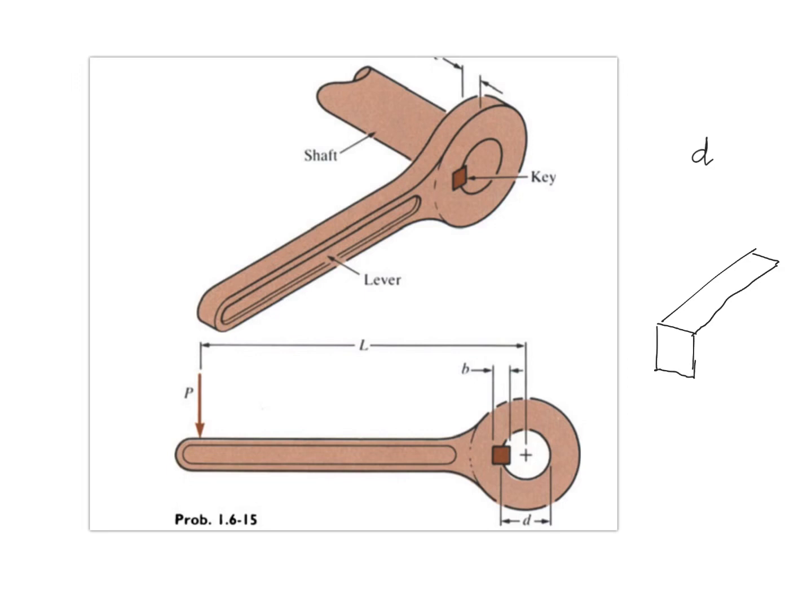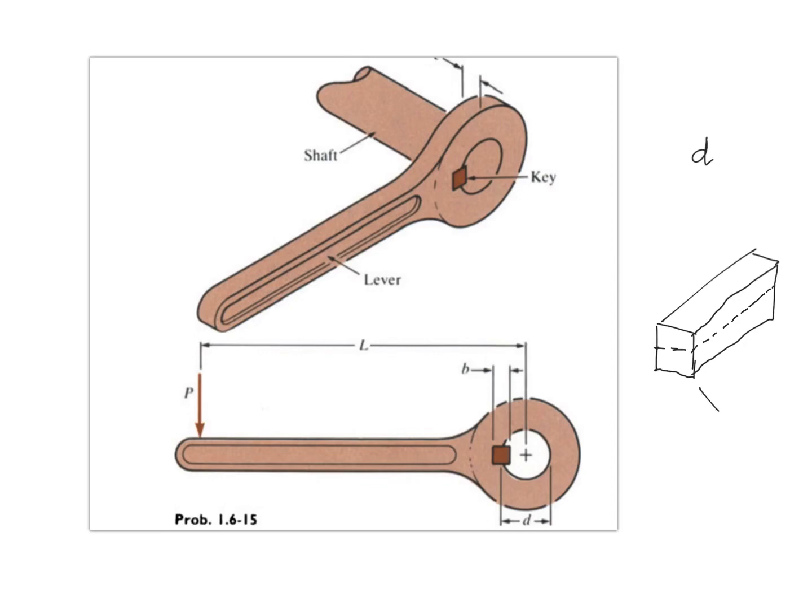Let's say the first half portion will be in the lever and the second half portion will be in the shaft. That helps to transfer the torque from the lever to the shaft.